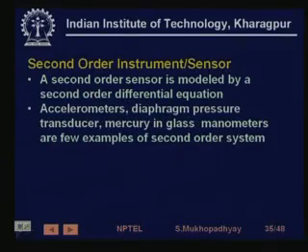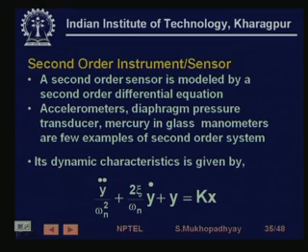Some instruments are assumed to be governed by a second order differential equation, for example an accelerometer, anything which has a mass spring damper representation. Its input output dynamics is given by a second order differential equation as shown, in which there are two parameters. One is called the natural frequency, another is called the damping factor.